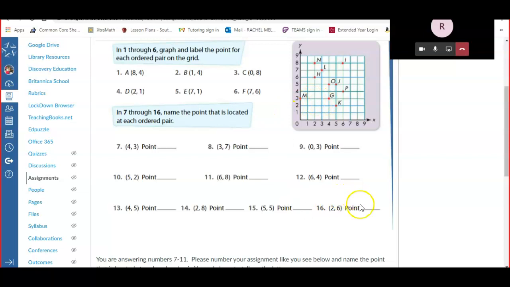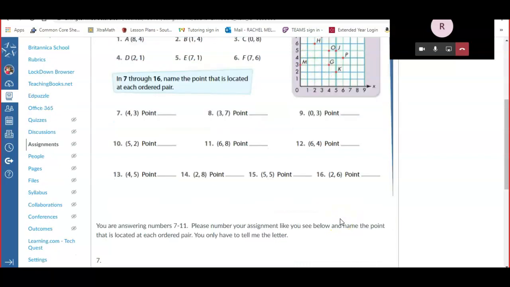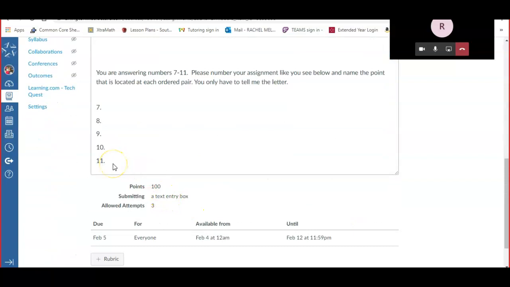For instance, I'm going to use number 16 since that's not one you're going to do. I look at the ordered pair 2, 6. So I go over 2 and I go up 6 and that letter is H. If I was doing number 16, I would label it 16 and then put an H.